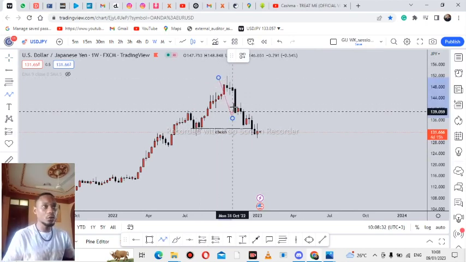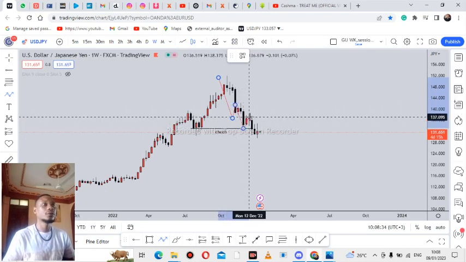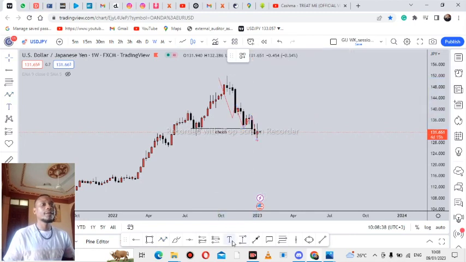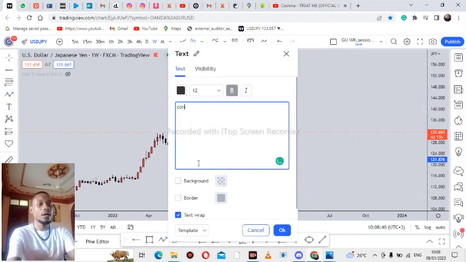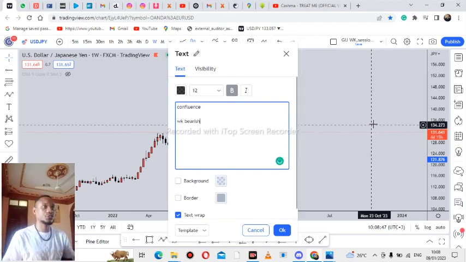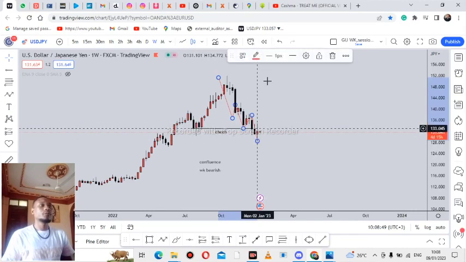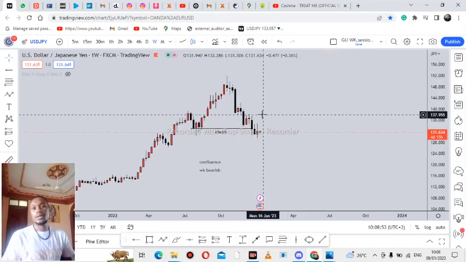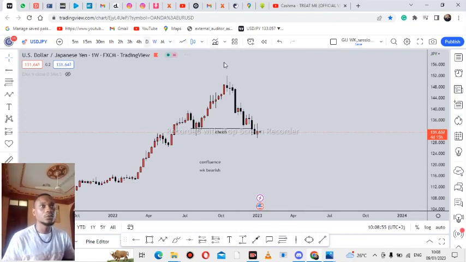We had lower low, lower high, lower low, lower high, and then boom, we had another lower low. So based on the confluence, here we see that the weekly time frame is bearish.